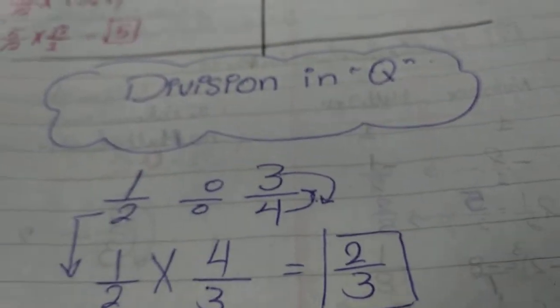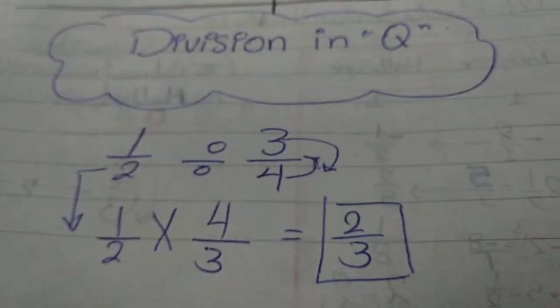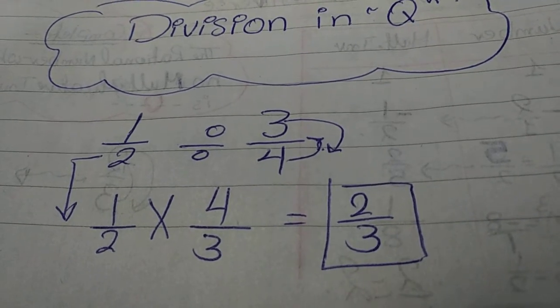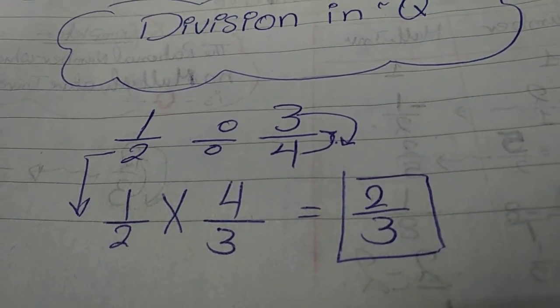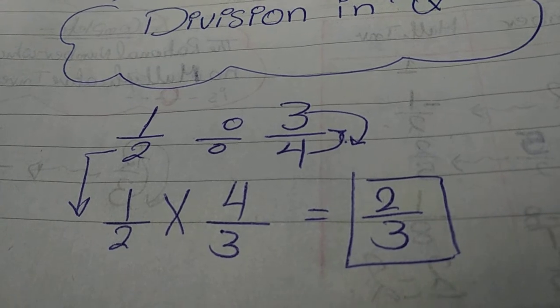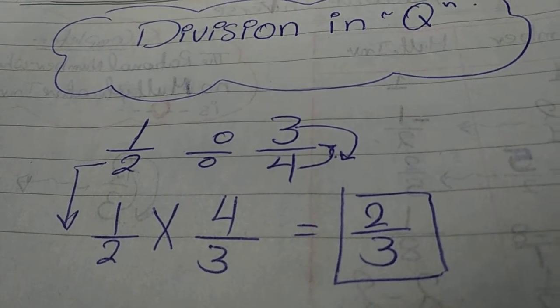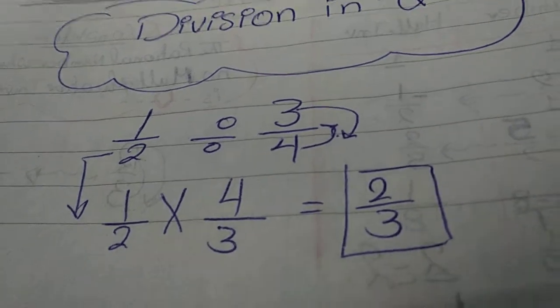Now we will talk about division in Q, or division in rational numbers. Okay. I want to divide 1 over 2 by 3 over 4.